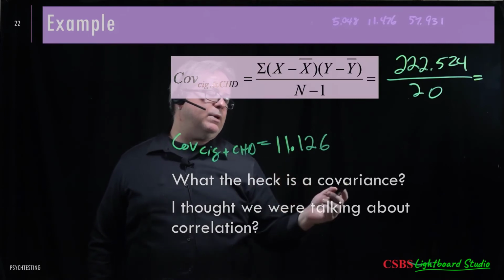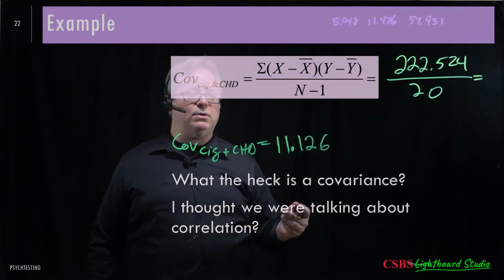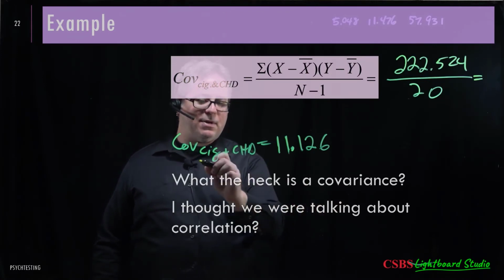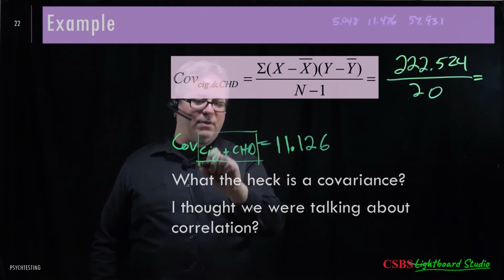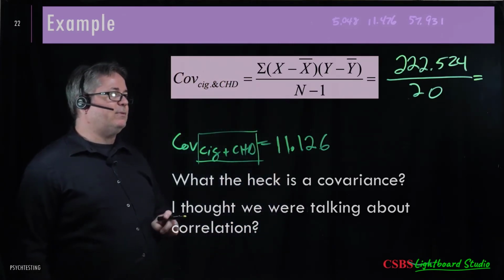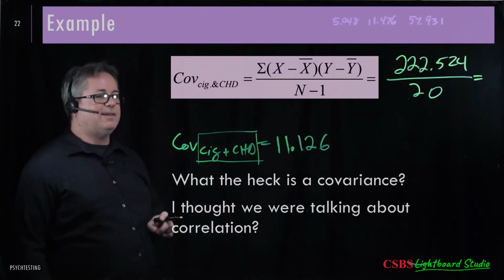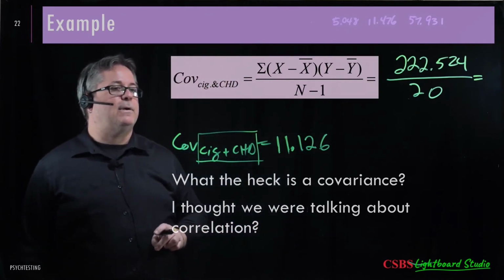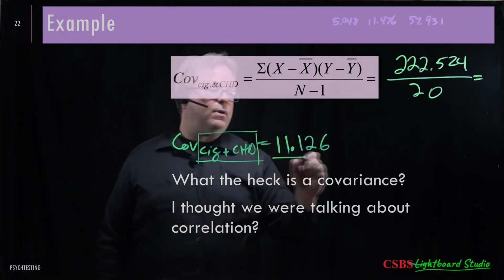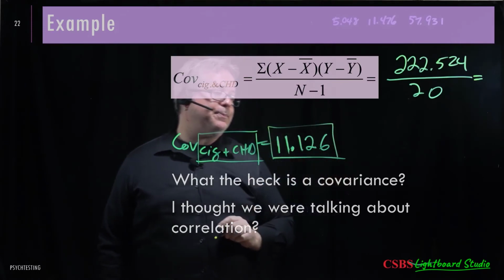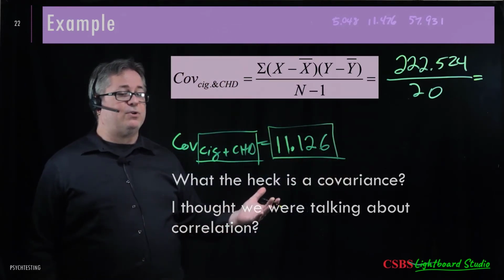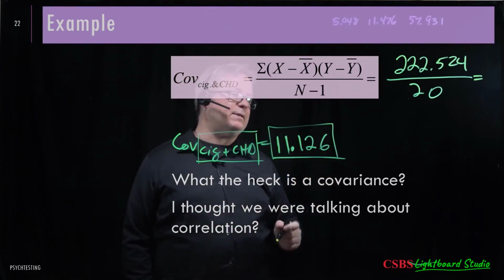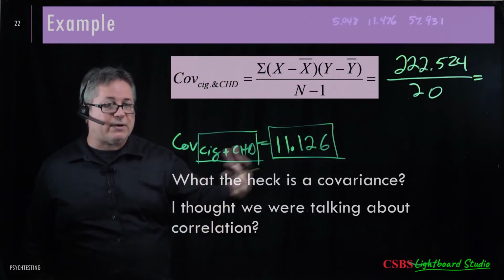It's something like 11.126 deaths per cigarette, because it's a combined metric of both variables together. It's very hard to interpret covariance. Is 11.126 a large covariance? Is it small? We really don't have an idea of its size, which is why we tend to standardize it into correlation.